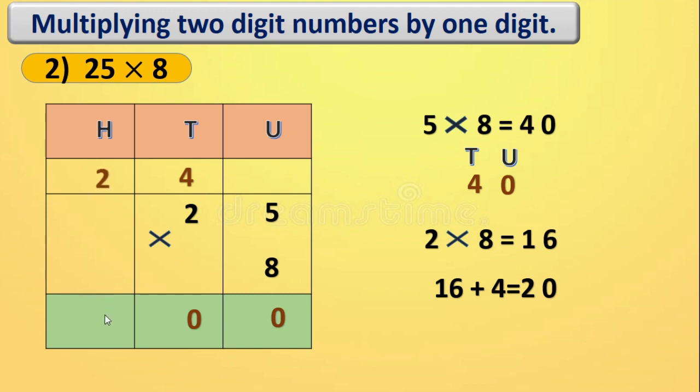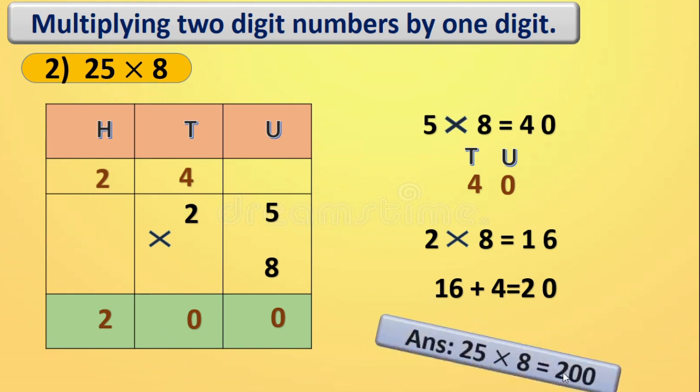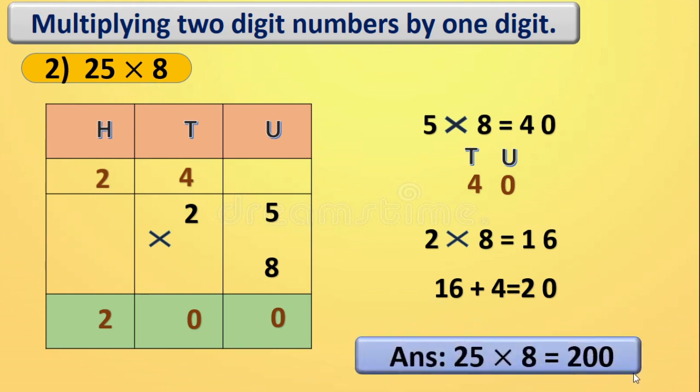And nothing is there, so 2 will come down. Right? So the answer is 25 multiplied by 8 is equal to 200. Isn't it? This method is very easy. Directly we get the answer here. Right? This is called vertical method.